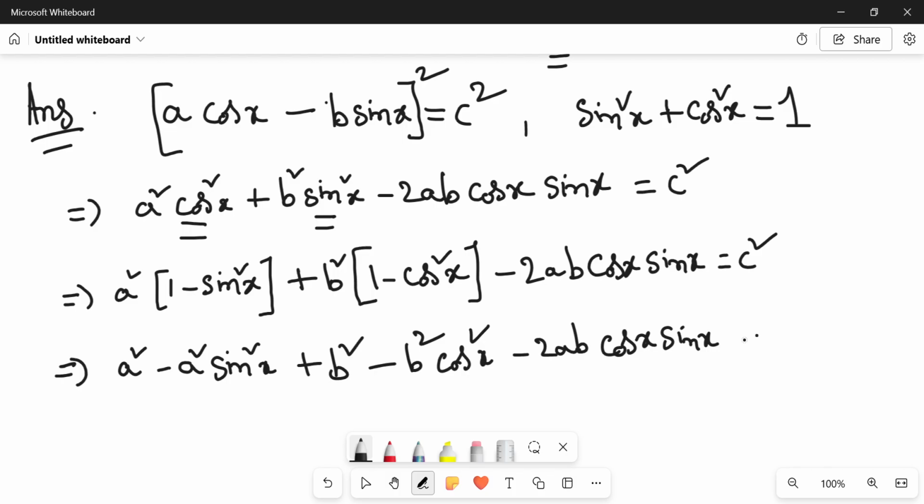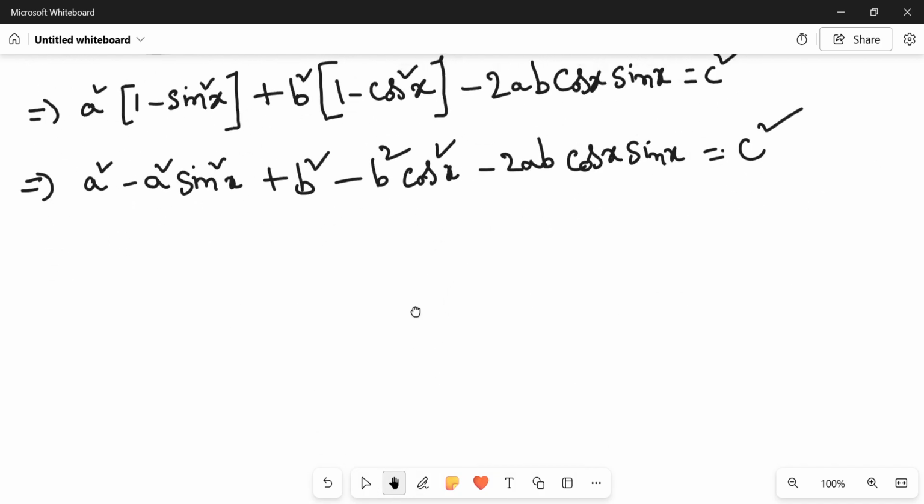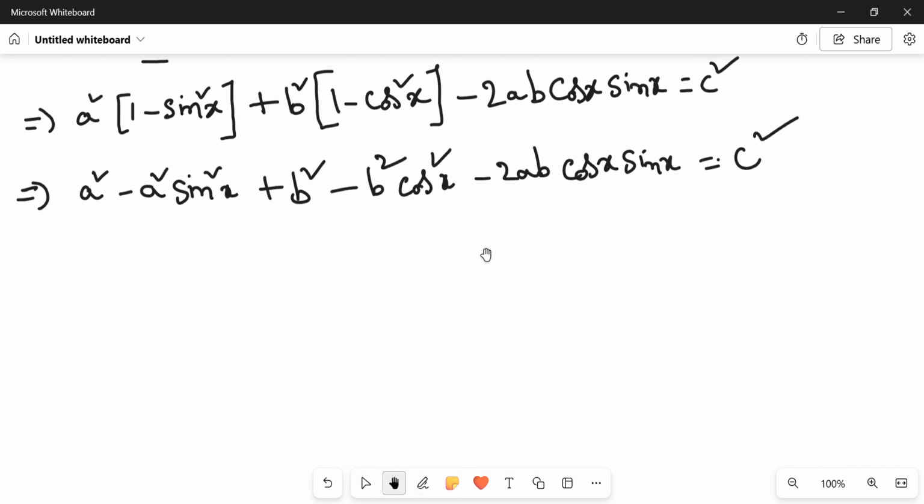And then on this side you have c square. Now what I will simply do is, on the left side I have the negative terms. Take all the negative terms onto the other side, and the problem is over actually.